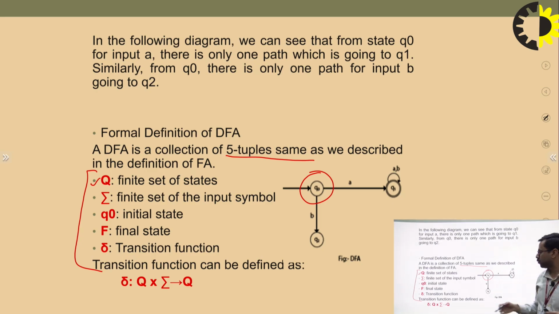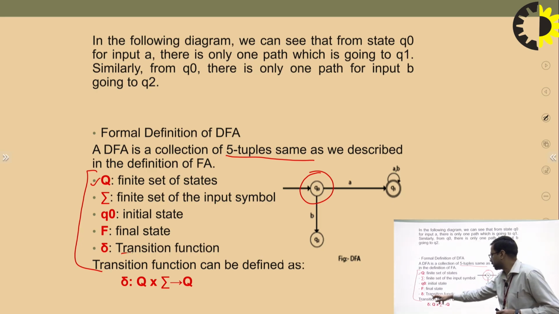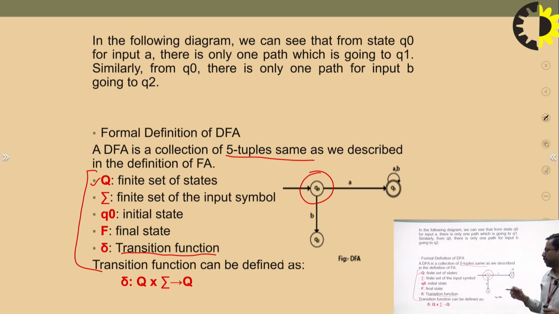It may be more than one, and delta is the transition function. That means if we apply an input to a particular state, after processing, the next state will be generated, and it is represented as the transition function.